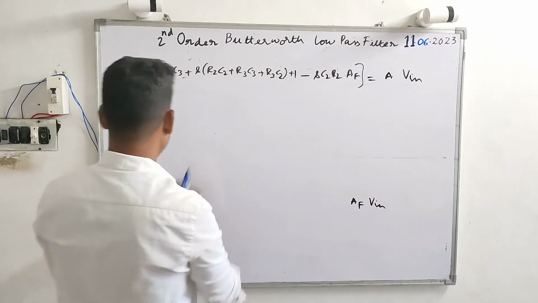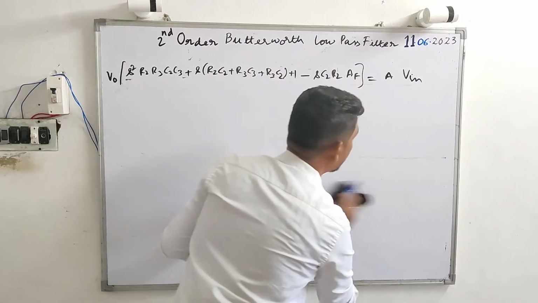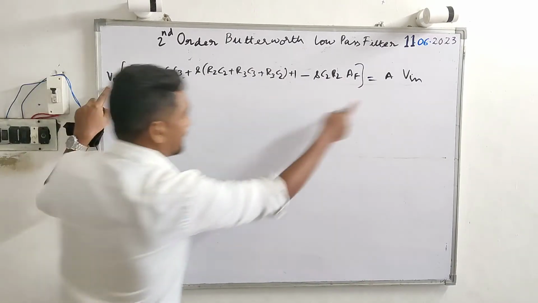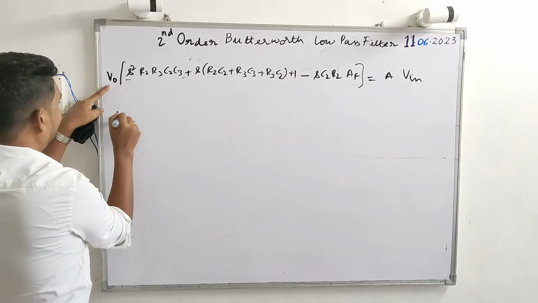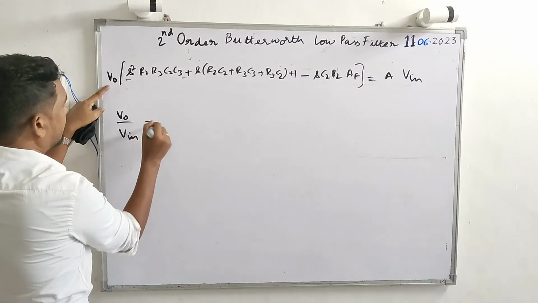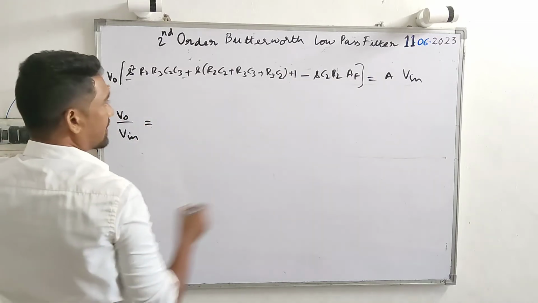So we are searching for that ratio, V0 by Vn. V0 as it is, and this is dragged this side, so V0 by Vn equals AF, alright.